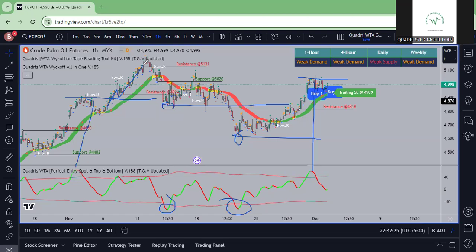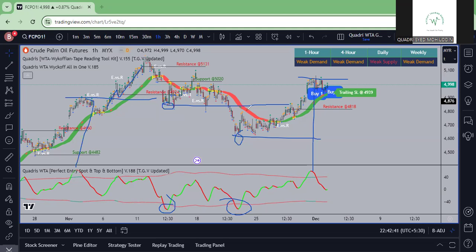These are all based on the Wyckoff principle of demand and supply. The only reason we are using this ribbon is to get rid of drawing manual structure when it comes to trend lines and support resistance.